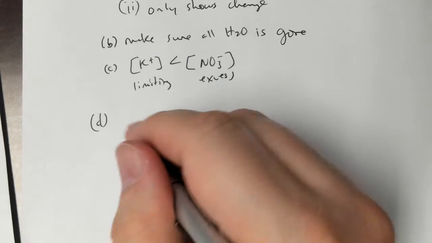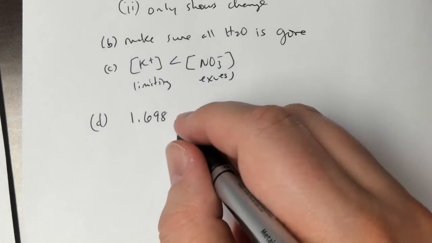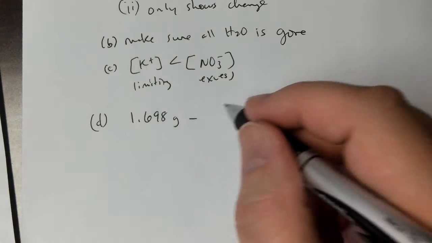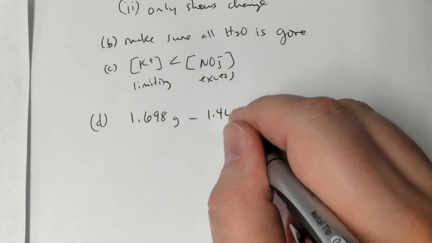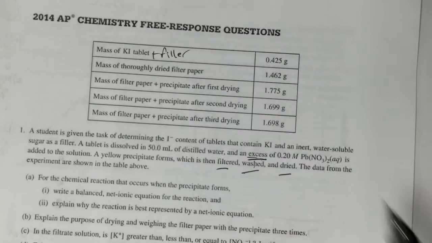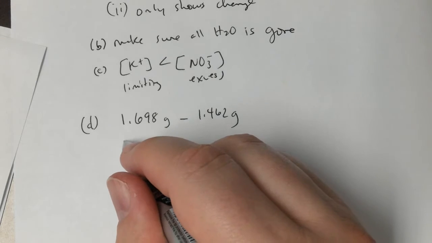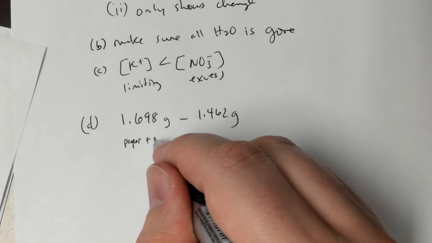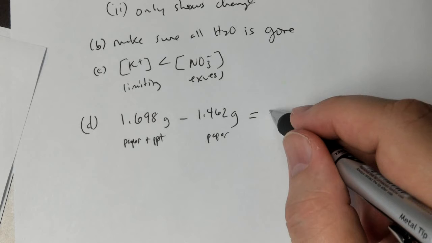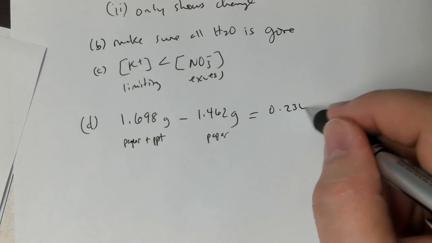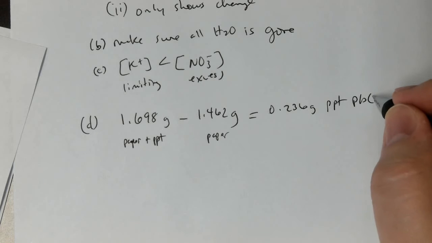So what I want to do is take that last mass of the paper plus the precipitate after third drying, and I'm going to subtract from that the second line there, 1.462 grams, which was the mass of just the paper. So this is paper plus precipitate, and this is just paper. So that we subtract that, we get just the mass of the precipitate, which is PbI2.